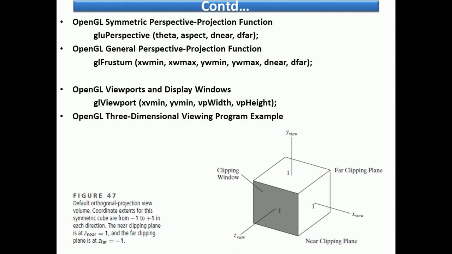The next set of functions are the OpenGL symmetric perspective projection functions. There are two functions available here for producing a perspective projection view of a scene. One of these functions generates a symmetric frustum view volume about the viewing direction, that is the negative z view axis.